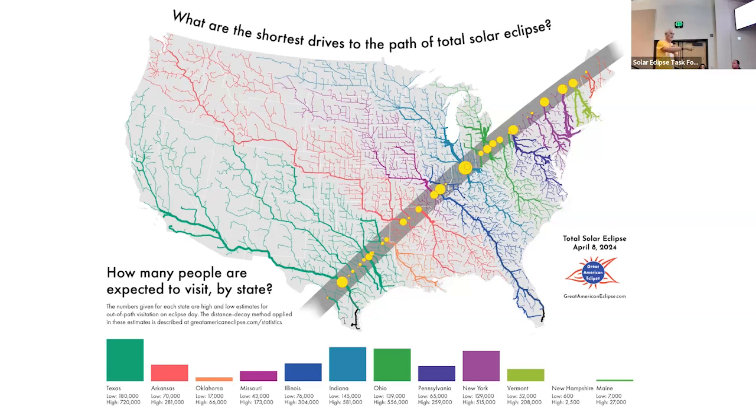So if you multiply these numbers by that dollar amount, you can start to speak intelligently to the local chambers of commerce and so forth about what the economic impact will be to your state. You can also say something about where the major traffic issues are likely to be. Again, as I said earlier, the yellow circles in the path are proportional to the expected visitation.